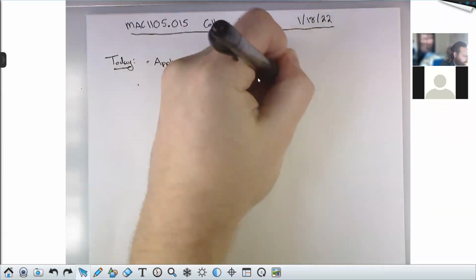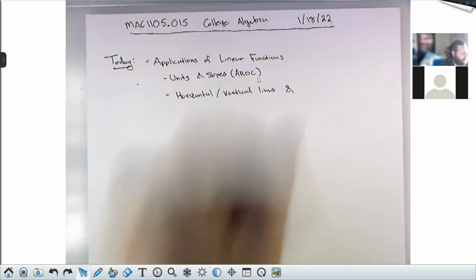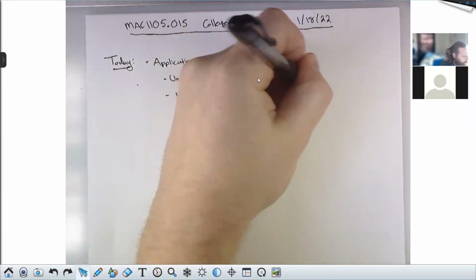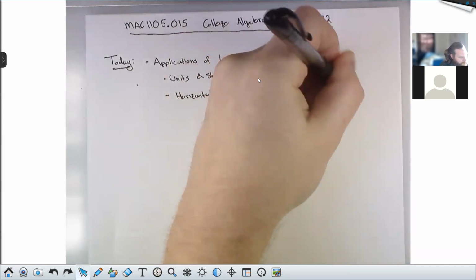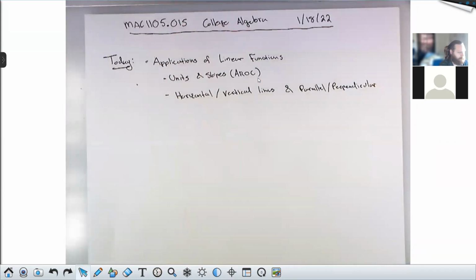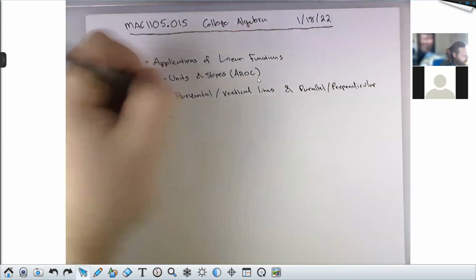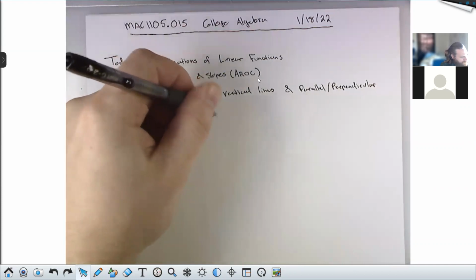And also, and this was something that you saw in your last homework set, it's not terribly complicated, but I do want to talk about it a little bit, and that's parallel and perpendicular lines. And then, of course, regression, and calculator work.